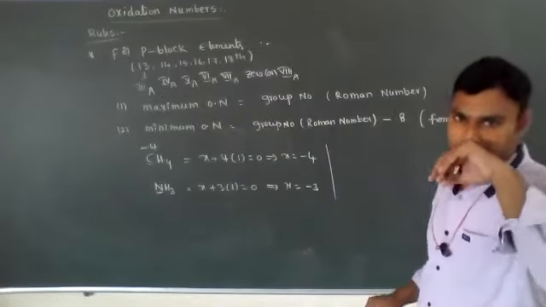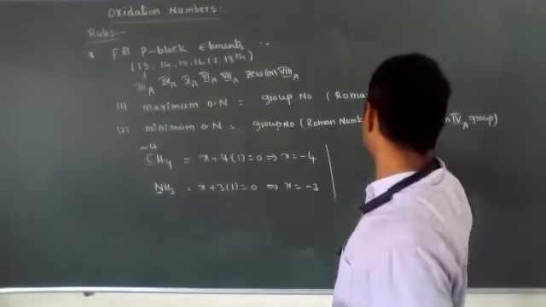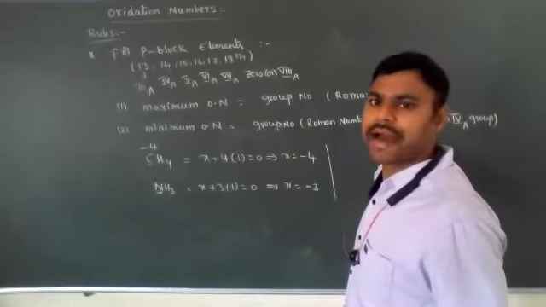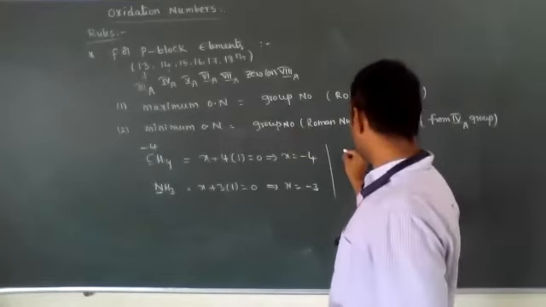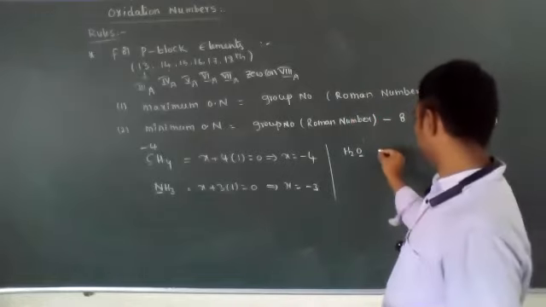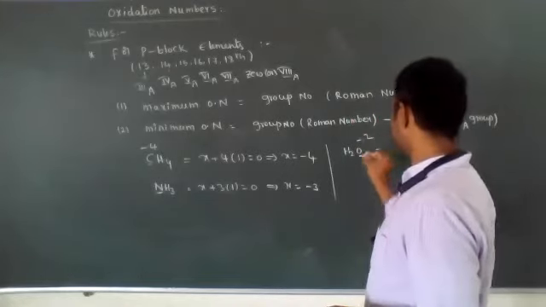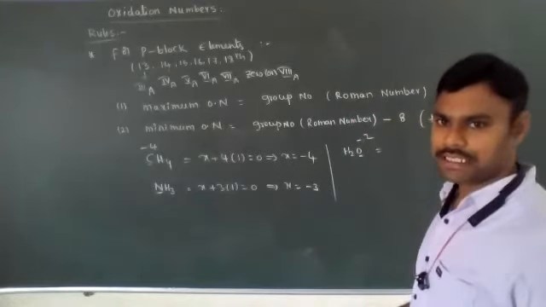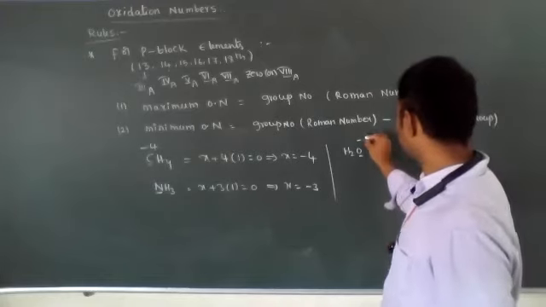Next, 16th group elements: minimum oxidation state is equal to 6 minus 8, which means minus 2. That is very clear. For example, in H2O, the oxygen atom oxidation state is minus 2.